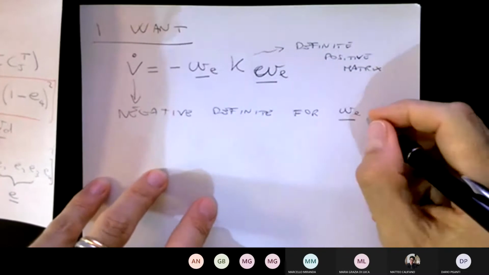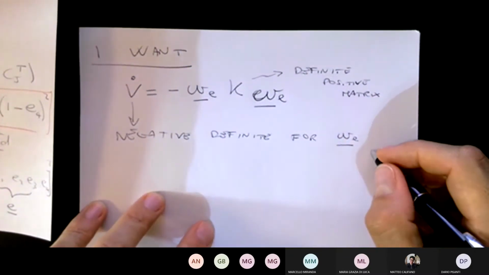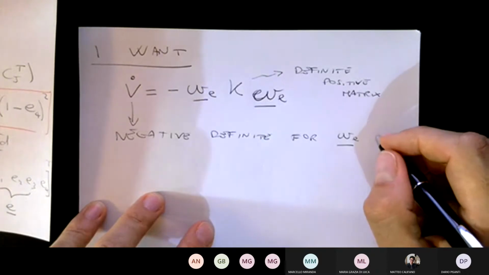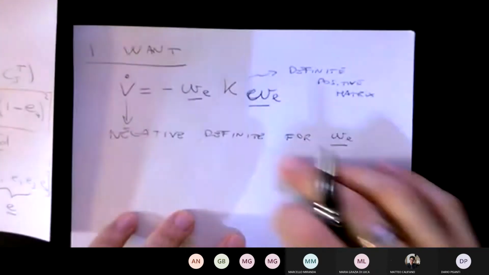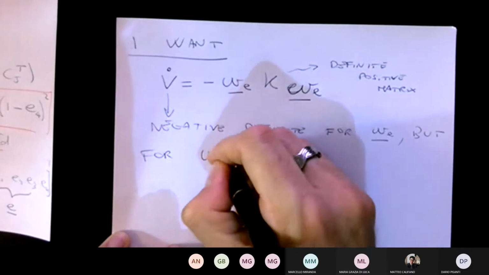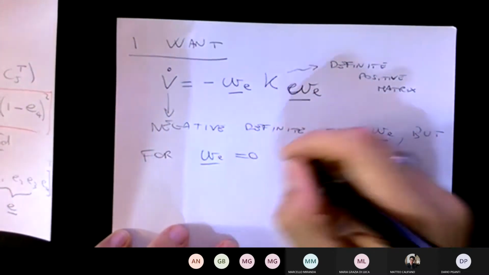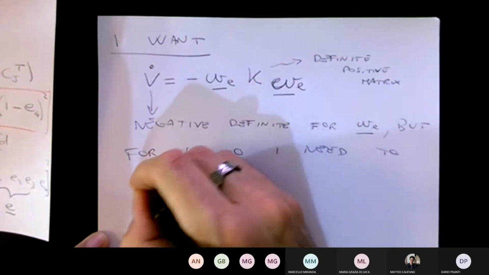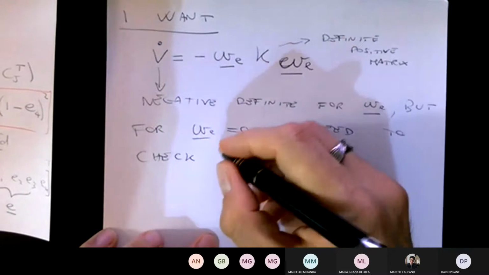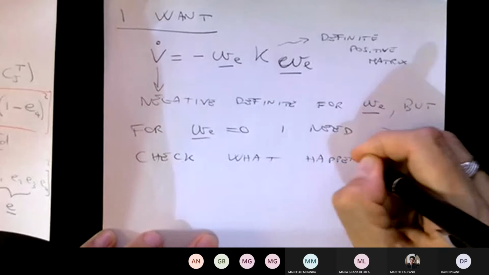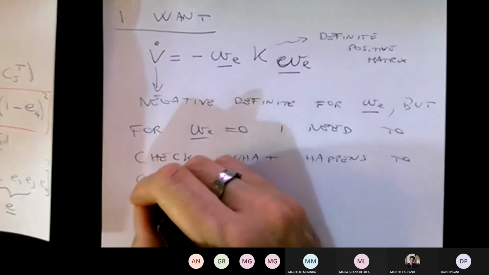But what if... let's see. Okay, so this is always, I'm sorry, this is always negative definite, in general. But what happens when I have omega e equals 0? I need to check what happens to QE. Do we follow why?